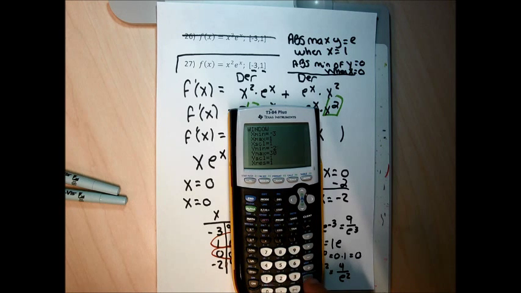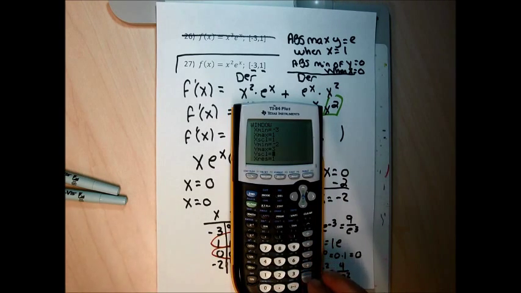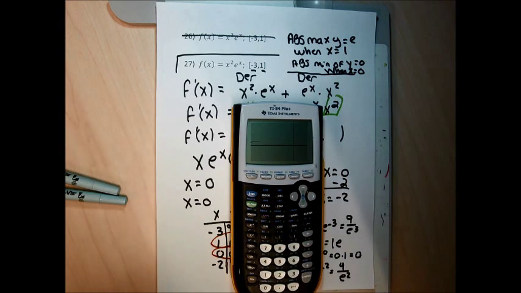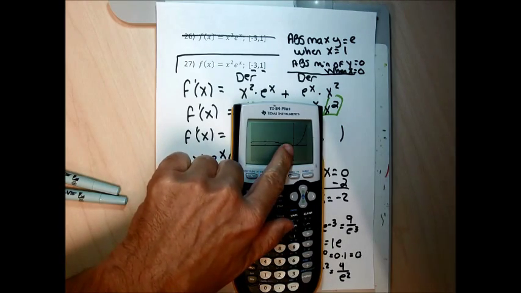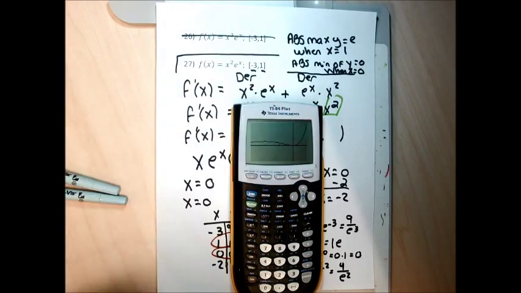I think -10 might be too far down, and y max, I'm going to make it just so it covers up that 2.72. I think that window is going to be really nice in terms of seeing the maximums and the minimums. So it looks to me like right there, that point 0, 0 was the minimum point, and this point 1, e was the maximum point.